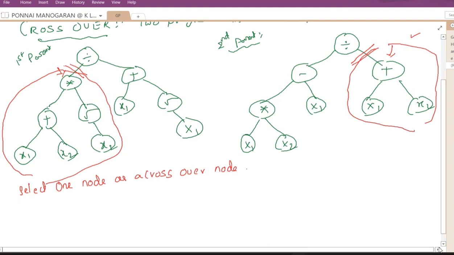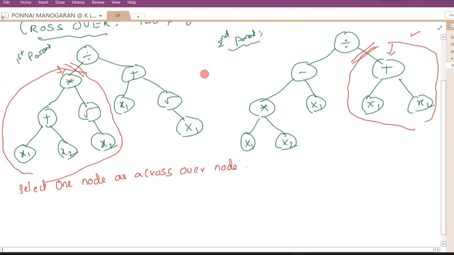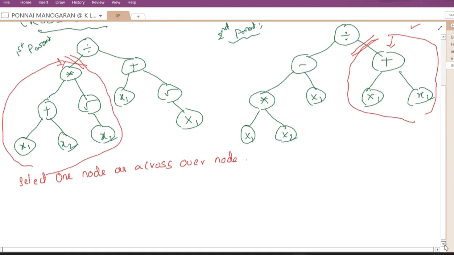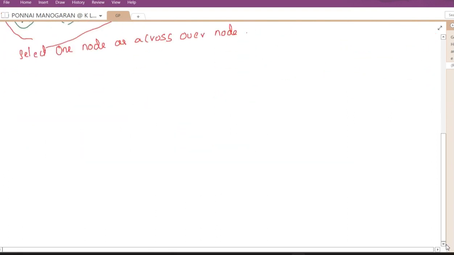So let us see the first operation. First I will take this right subtree of the second parent and merge it here. Okay, let us see. That means you will get the first child. When you perform crossover, you will get two children, that means two child programs.